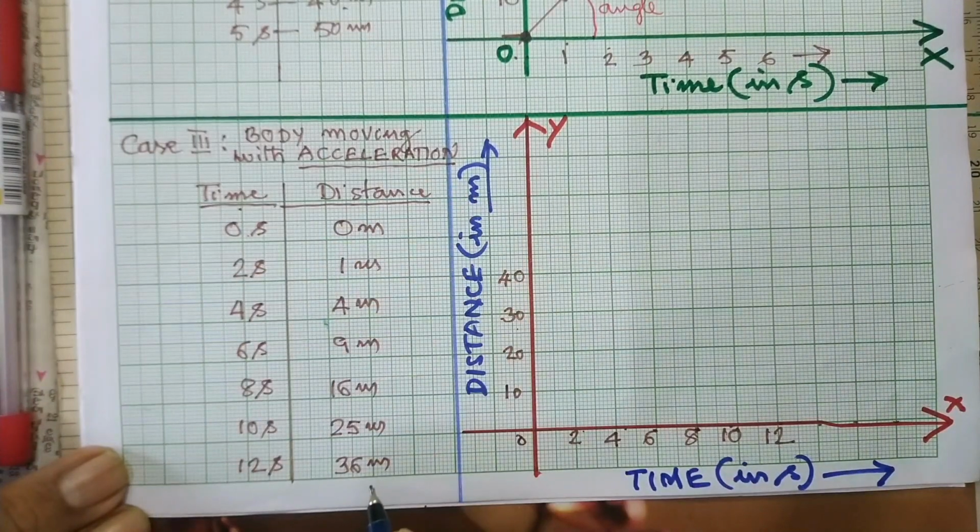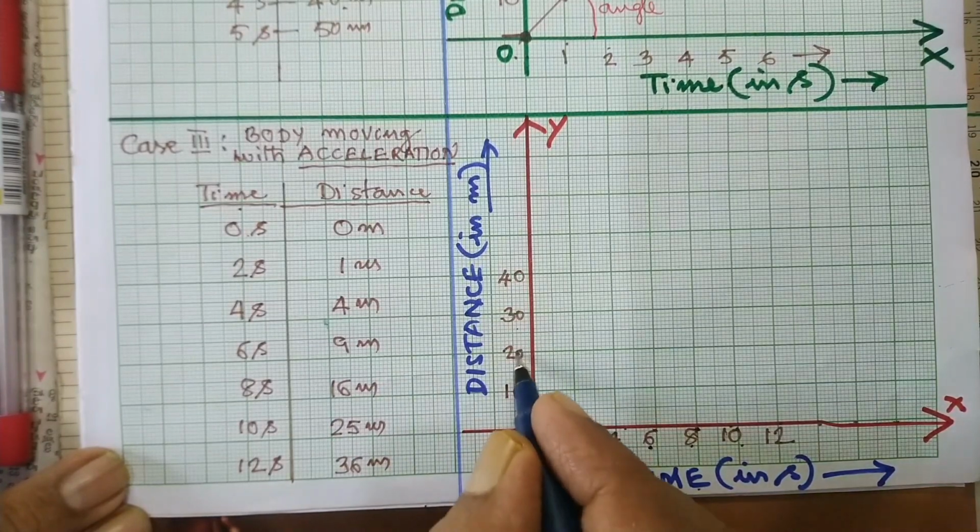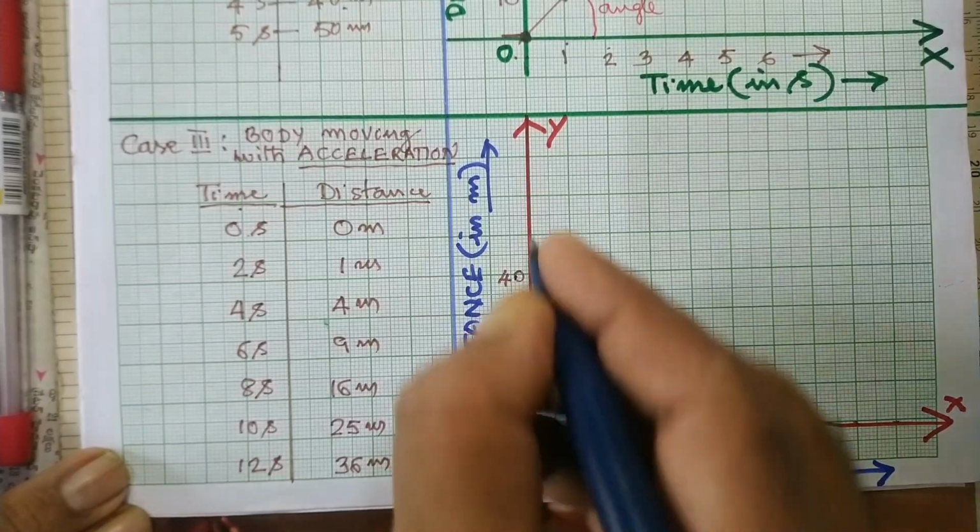What is the shape it is going to come? As usual, I have taken on the x-axis time, y-axis distance. On the x-axis I am taking 0 second, 2 second, 4 second, 6 second, 8 second, 10 second, 12 second, like that. Now on the y-axis distance we are taking 0, 10, 20, 30, 40, 50 or whatever it is.